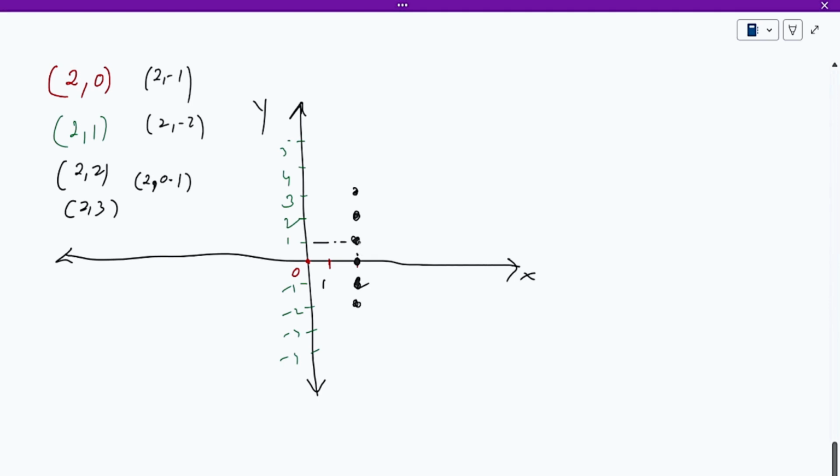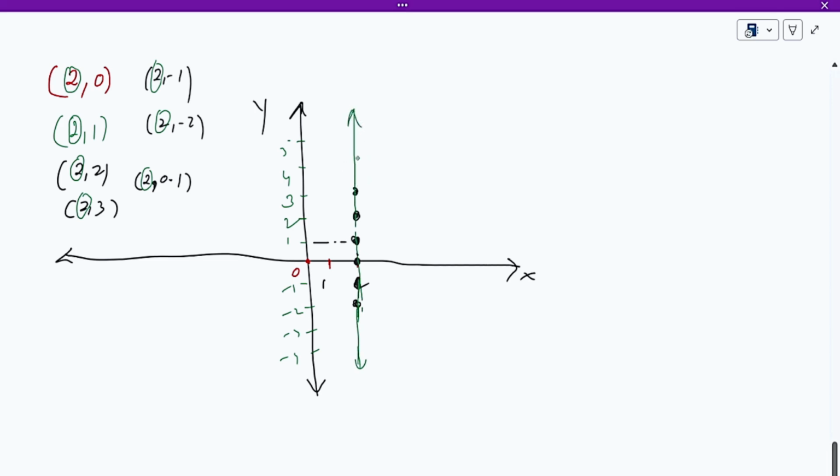So if we are fixing the first component, here I fixed the x coordinate, and the only thing I'm changing is the y coordinate, that gives a bunch of points. If we connect these points, we'll get a line. We'll get a line, right?